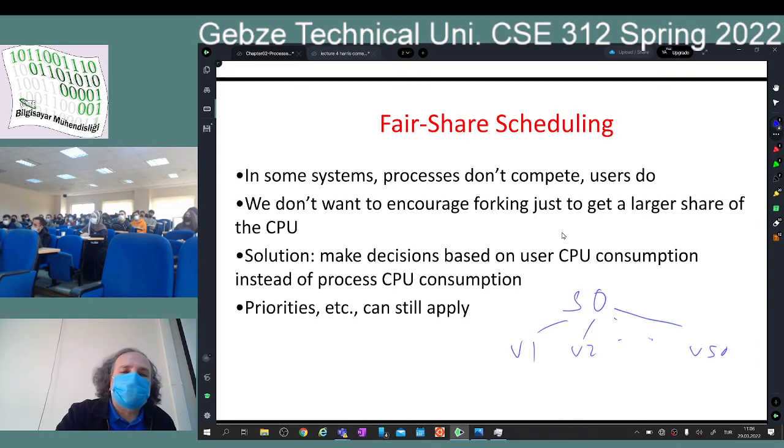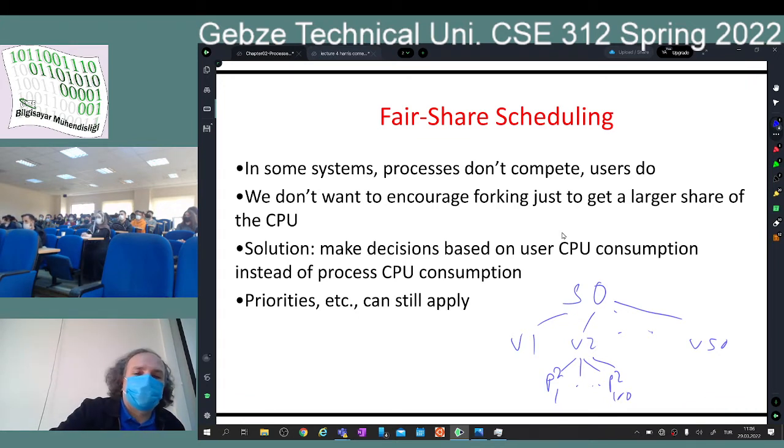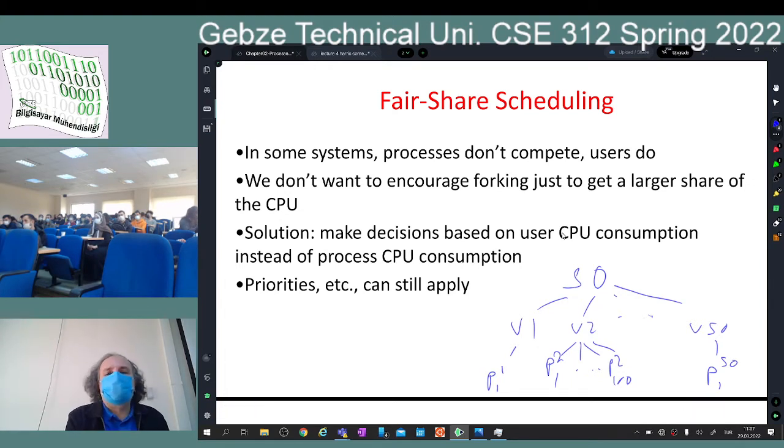Why? Let's say user number 2 is forking from P2 1 to P2 100. Okay, this user forked 100 processes, and all the others, P1 1 to P1 50, have just 1 process each.